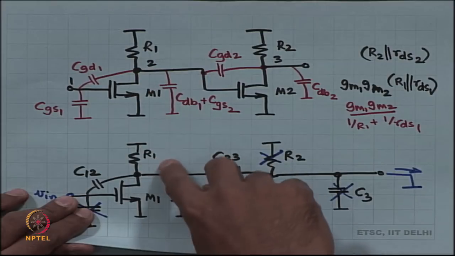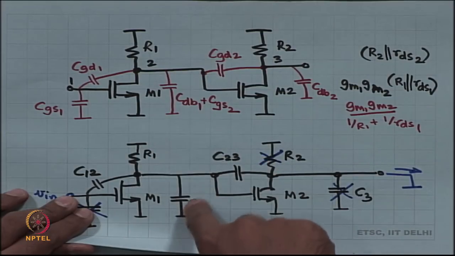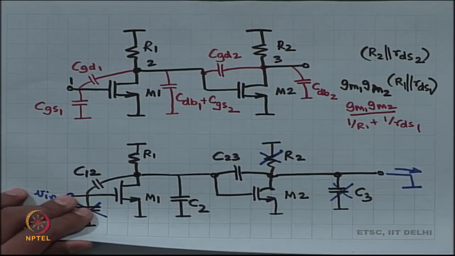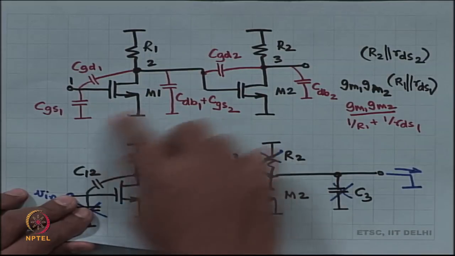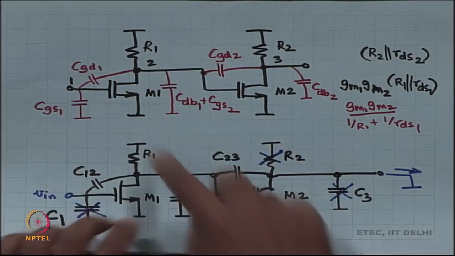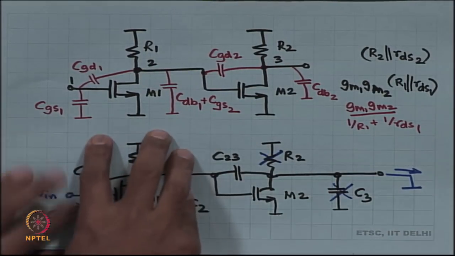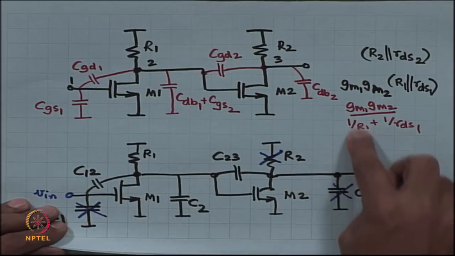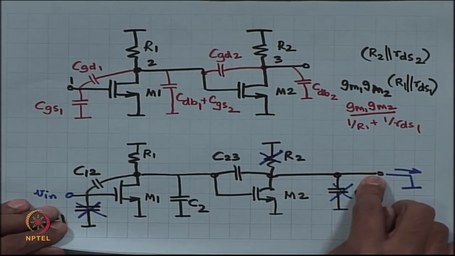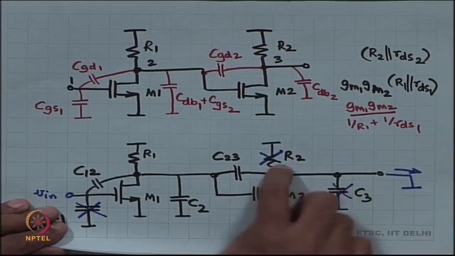So, over here all I have is R1 in shunt with R1 parallel RDS1 in shunt with C2 and C12, okay, that is the first stage.